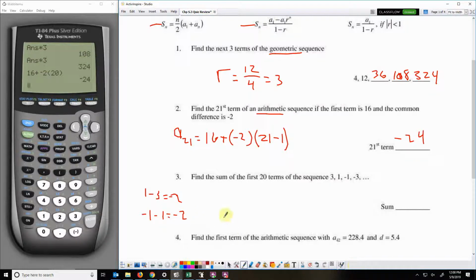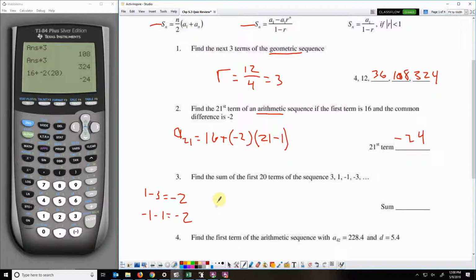So we've got a common difference of -2. I'll clean this up a little bit. So the common difference is -2. That means I've got an arithmetic sum, which is this one right here.